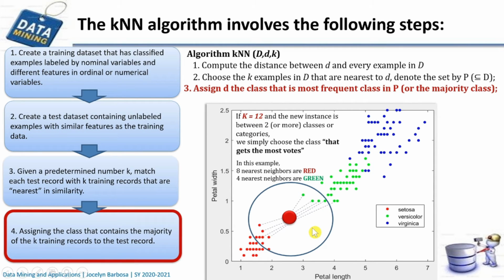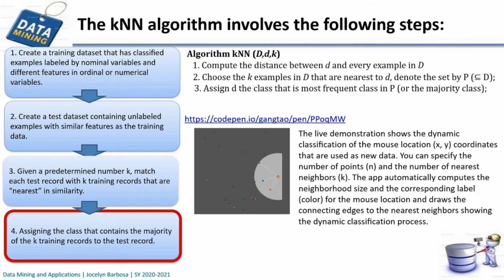It's evident that for classifying, we simply choose the class that gets the most votes. In this case, it's the red color, or setosa. This means that the new instance belongs to this class. Those are the steps that the KNN algorithm follows in classifying a new instance, in this case the d that we mentioned earlier.